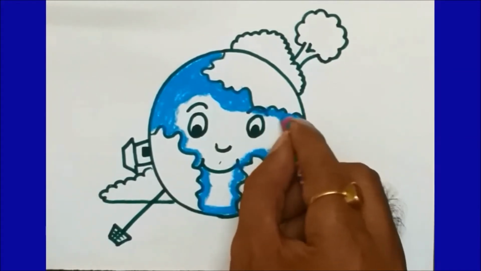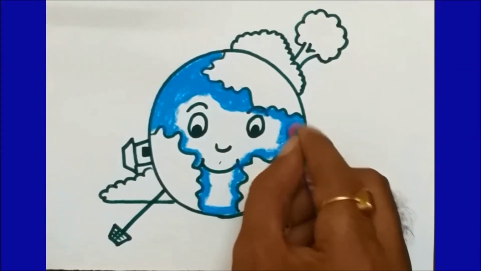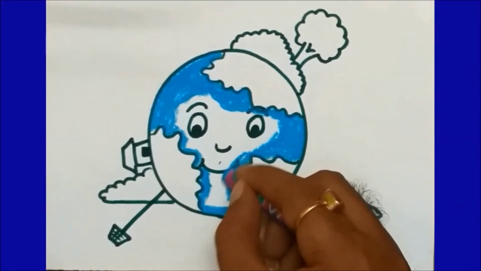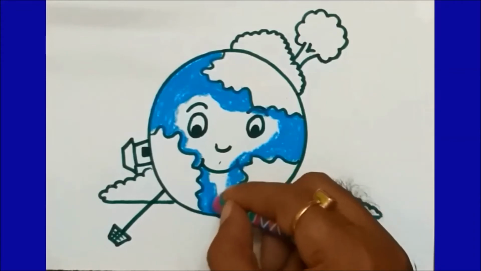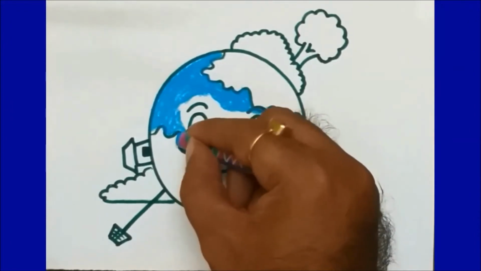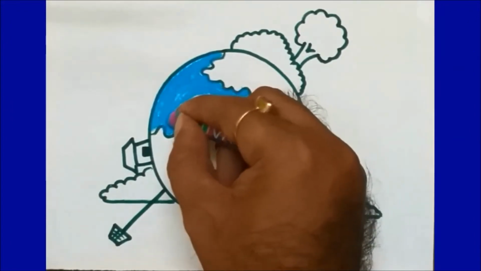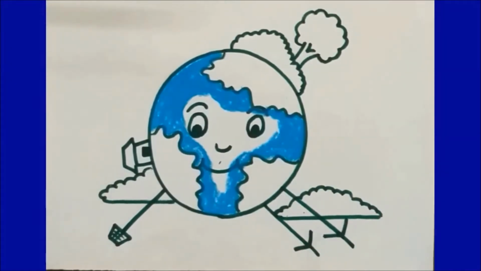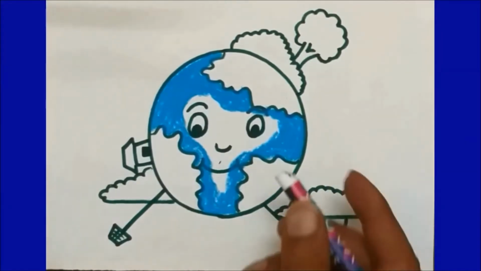I'm covering a maximum portion with sky blue color, and then lastly I'm going to take my white color. Take care about the eyes, kids. Now I'm going to take white.